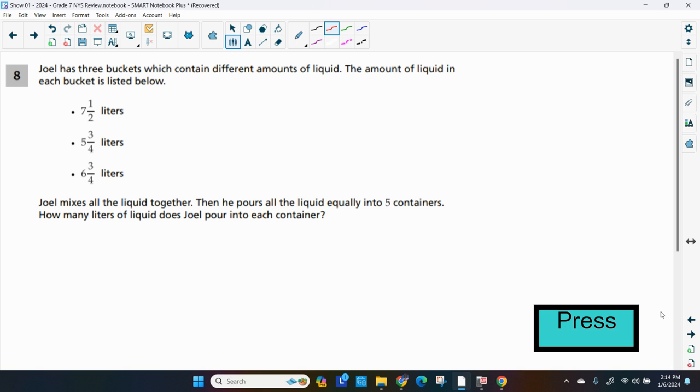Then he pours all the liquids equally, that's an important word, into 5 containers. So they want to know how many liters of liquid does Joelle pour into each container.